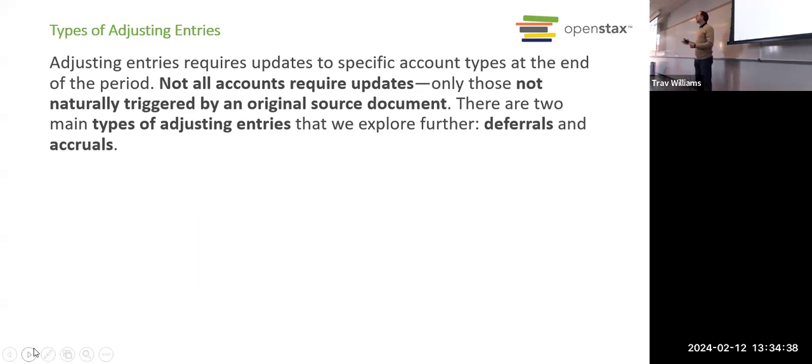Well, these adjusting entries, you don't necessarily have a document to tell you it's time to do it. So as an accountant, you have to know, okay, we got paid in advance for this product, but we didn't provide the product until today. Now that we provided the product, we need to remember, okay, we have to go in and do the adjusting entry. There wasn't a specific document to tell us that.